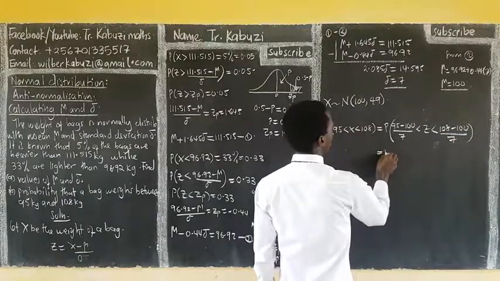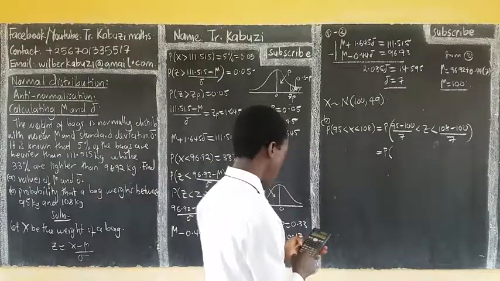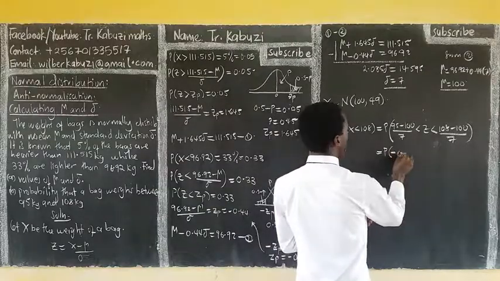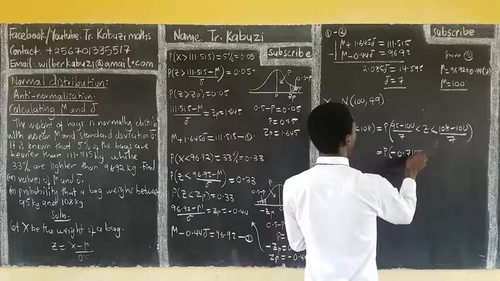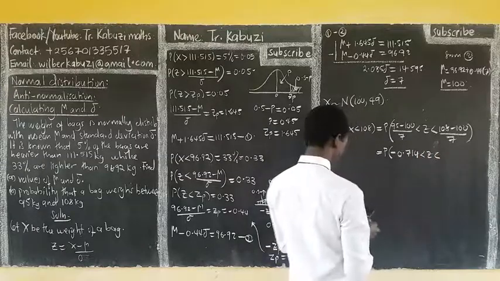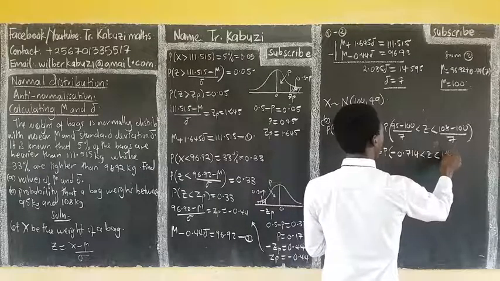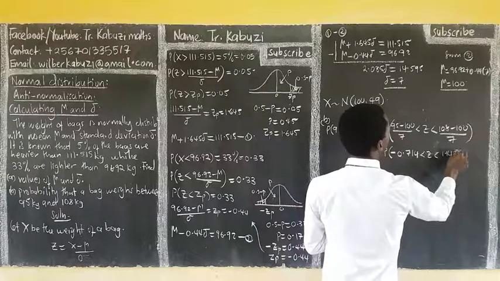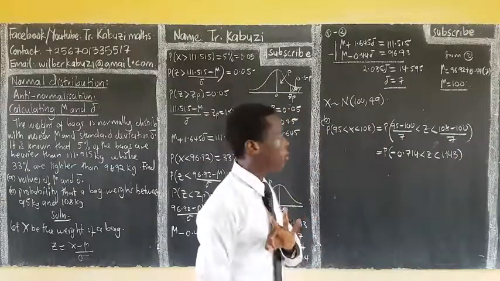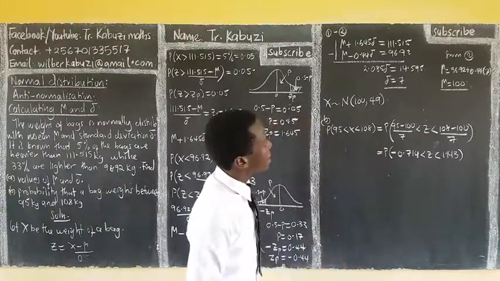So this will be the probability of negative 0.714 less than z less than 1.143. When we are getting the value z, it should be to 3 decimal places. Why? Because the table is to 3 decimal places.